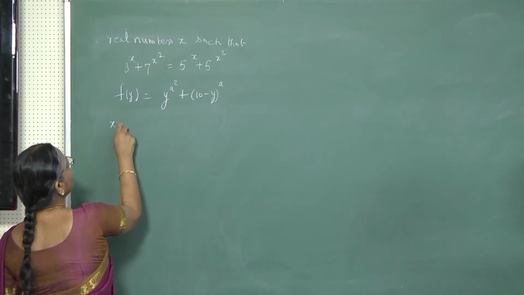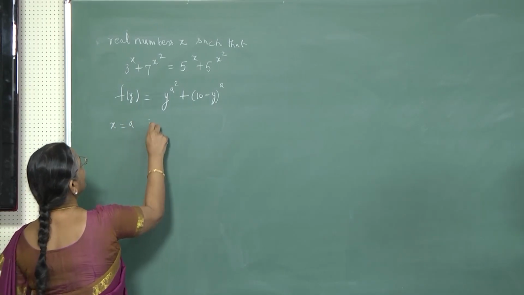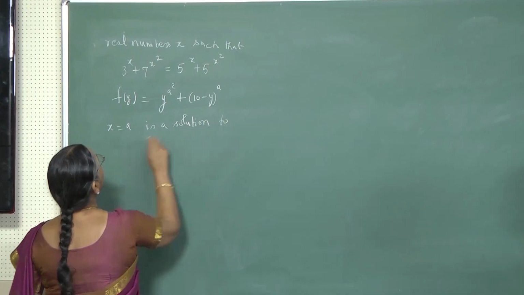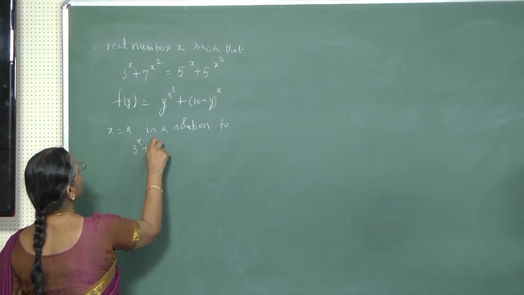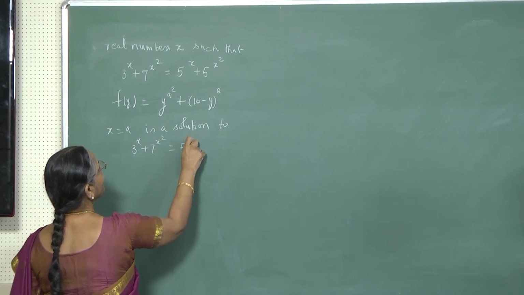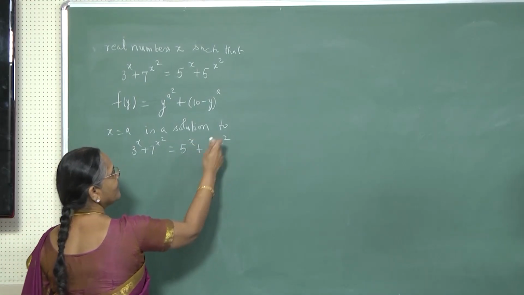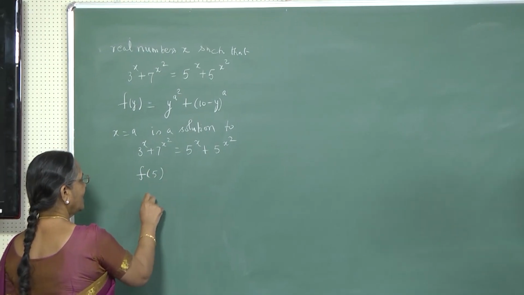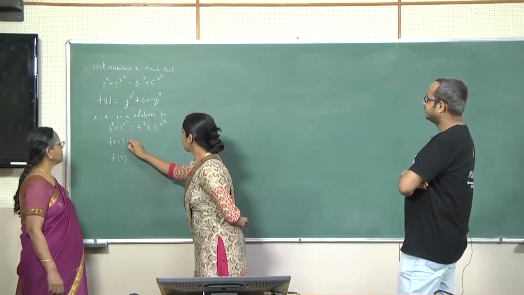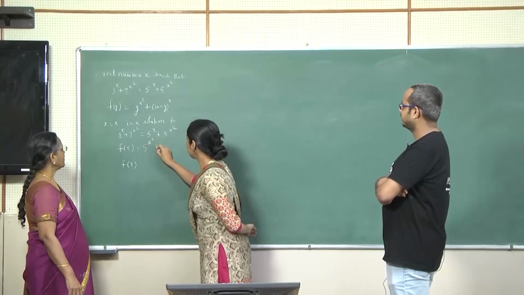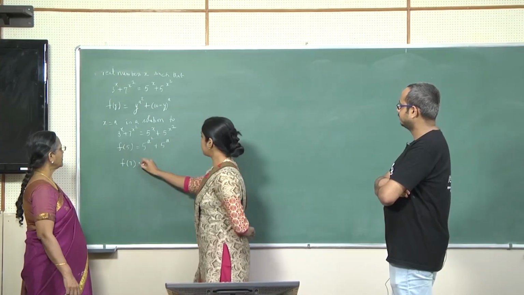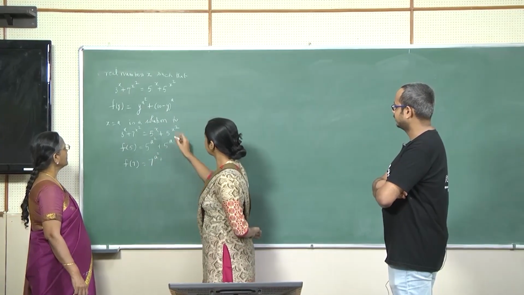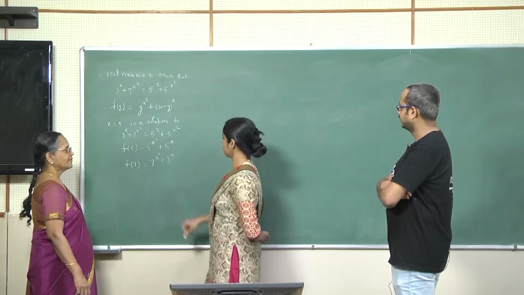So, if x is equal to a is a solution to our problem, 3 power x plus 7 power x square is equal to 5 power x plus 5 power x square, then what do you see about f of 5 and f of 7? f of 5 is 5 power a squared plus 5 power a, and f of 7 is 7 power a squared plus 3 power a.